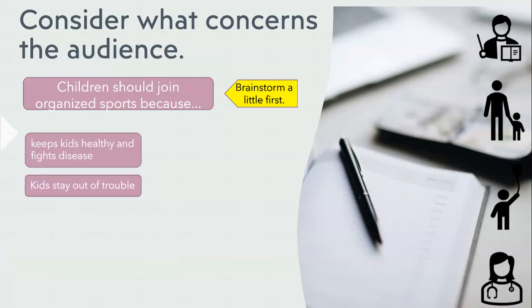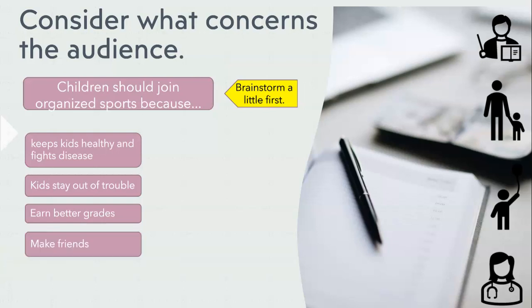If kids are playing sports, they're staying out of trouble. Research shows some kids get better grades because they really want to play those sports. Making friends is another reason children should join organized sports. And another example would be as we get older, organized sports can help children earn scholarships and get into college, which I think is pretty cool. So now that we have these ideas kind of floating in our head, we want to consider what concerns the audience.